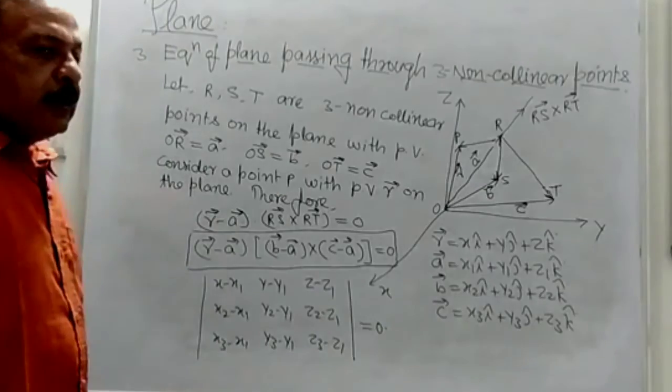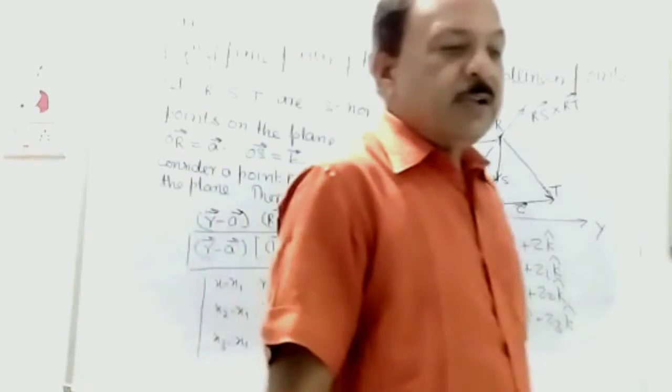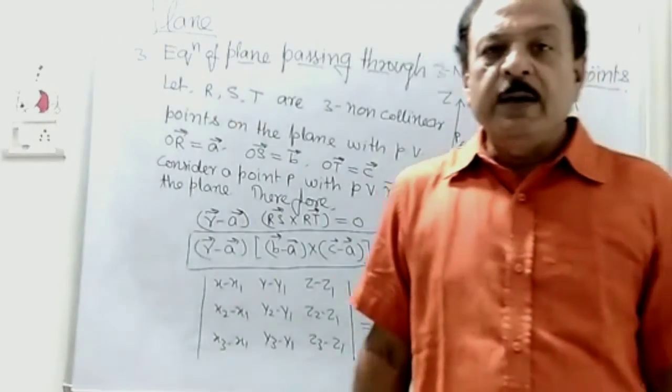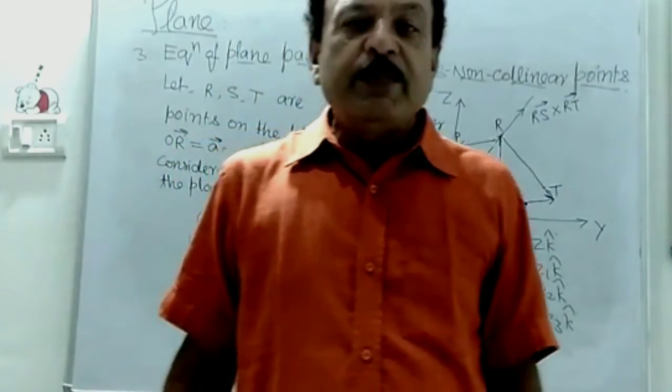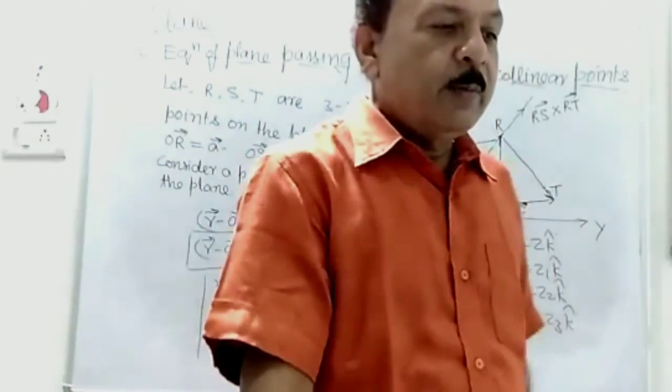So this is the equation of plane passing through three non-collinear points. So now you remember this equation.